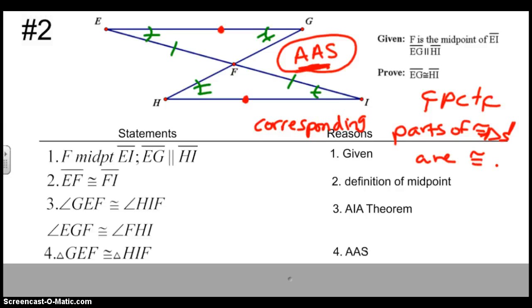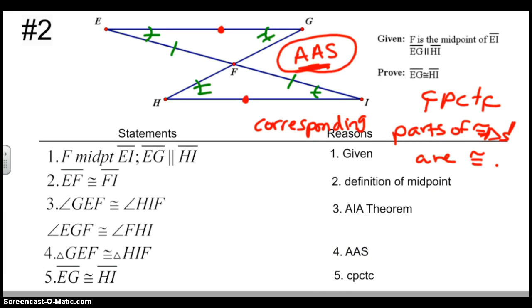We could list whatever other corresponding parts that we still need. And the only one that we're concerned with is segment EG and segment HI. Those are going to be congruent, and the reason is corresponding parts of congruent triangles are congruent. Very important to remember that. CPCTC. Corresponding parts of congruent triangles are congruent.